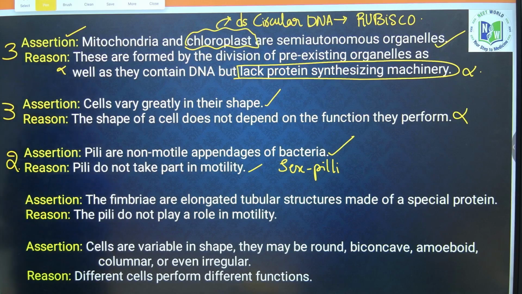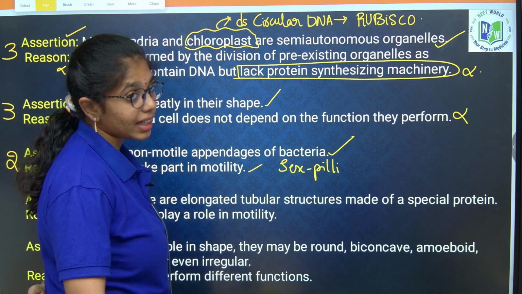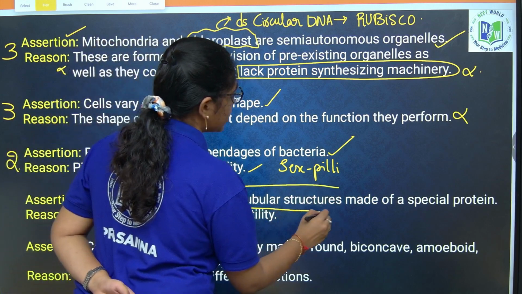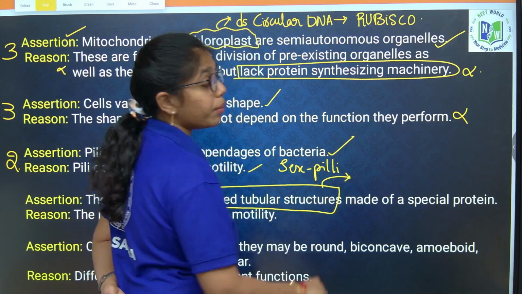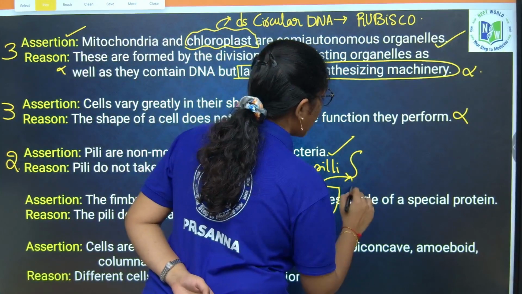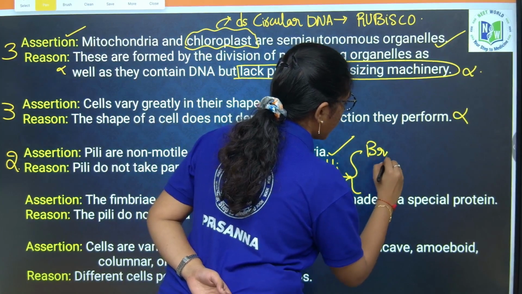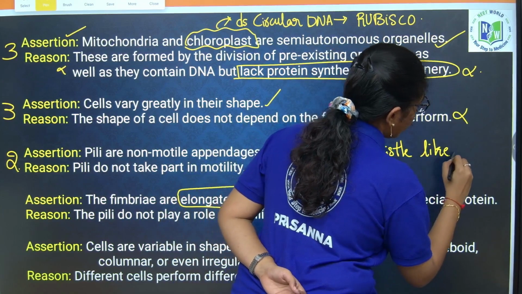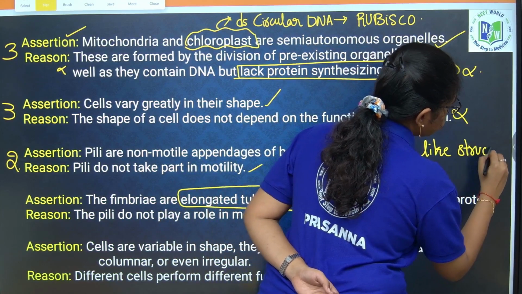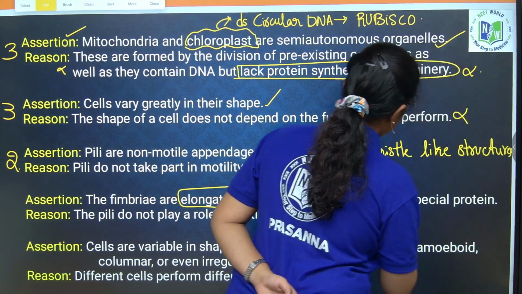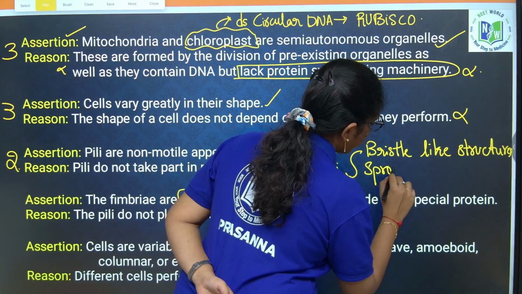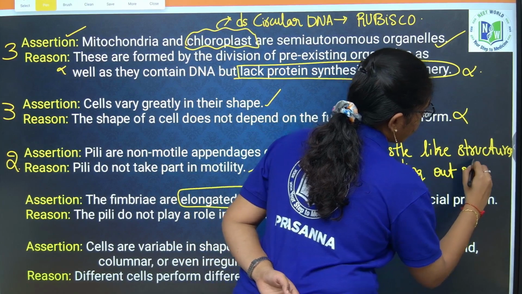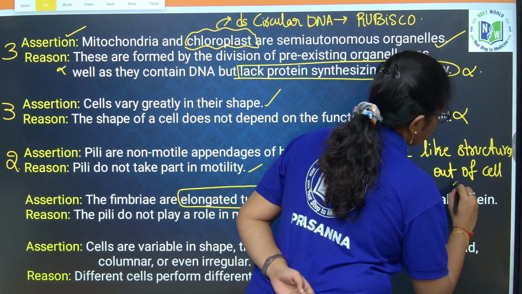Next, the fimbriae are elongated tubular structures, he is saying. No, they are not elongated tubular structures, rather fimbriae are bristle-like structures sprouting out of the cell surface.